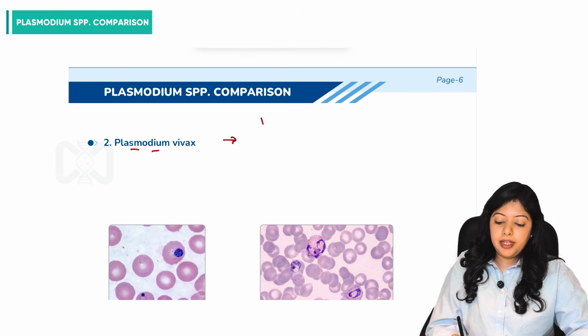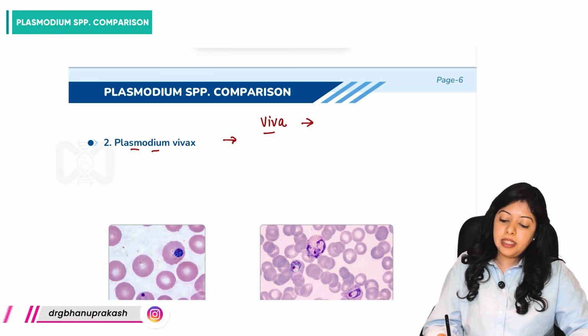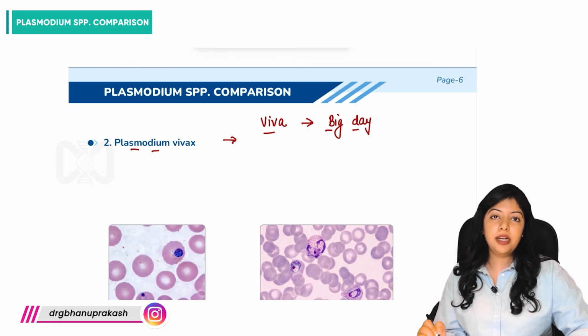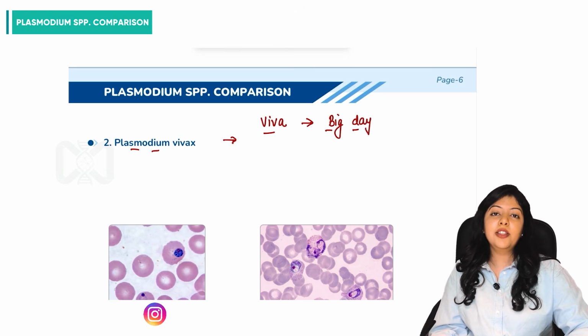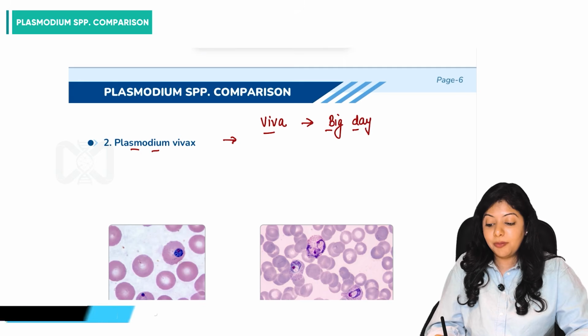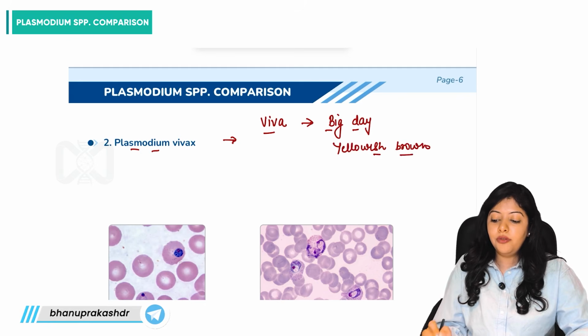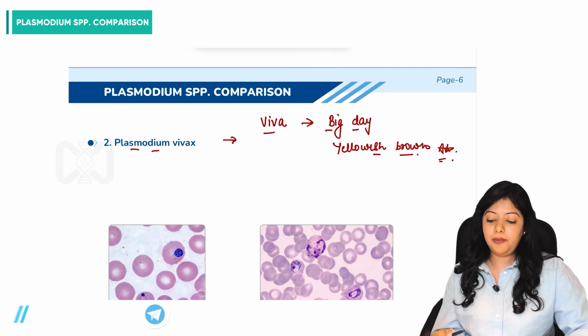So Viva Day, if you have your Prof Viva, it is a big day. All of you are nervous, all of you have fever, right? And some of the students' faces turn yellowish brown because of fever. So this is also a cue for you to learn the Plasmodium vivax pigment, right?